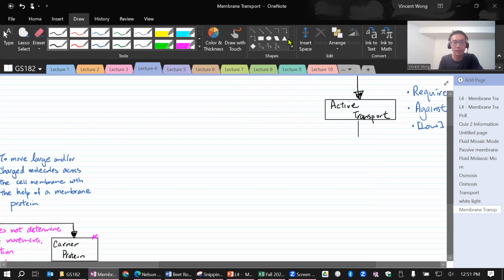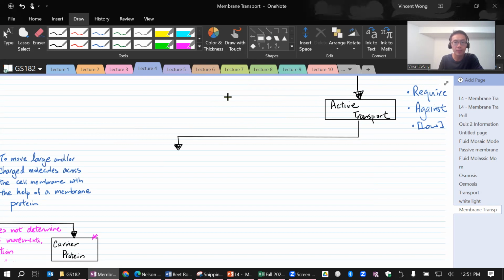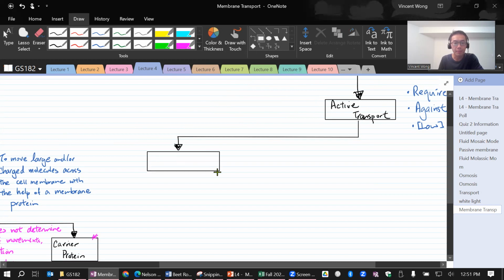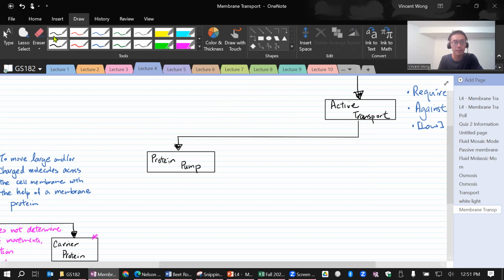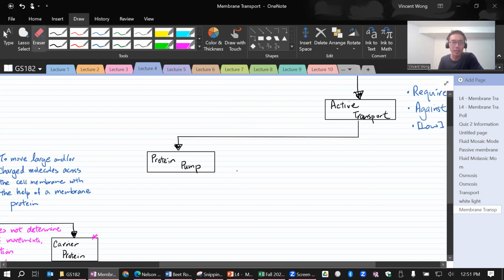So let's take a look at the first type here. First type is protein pump. A protein pump uses an integral protein.